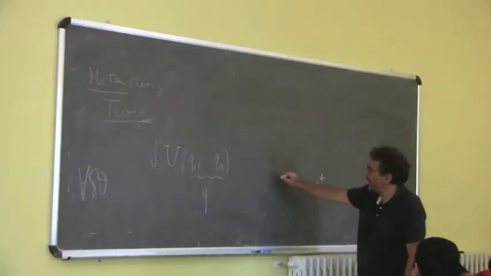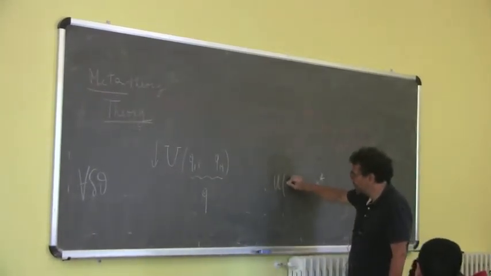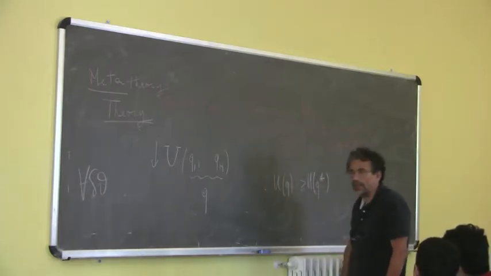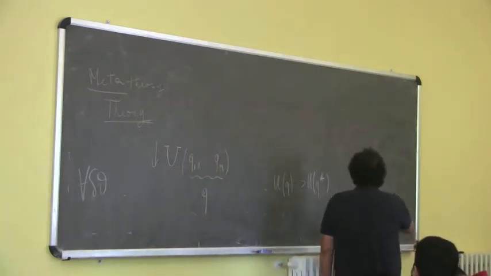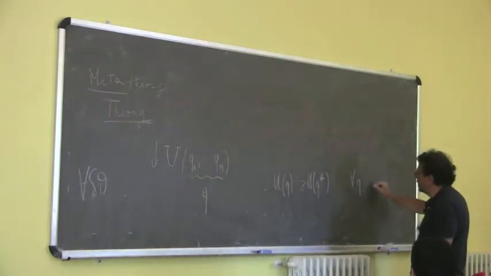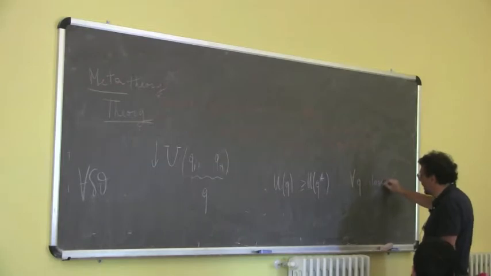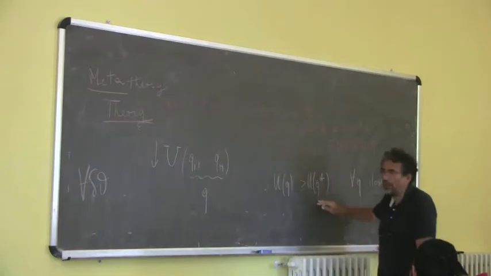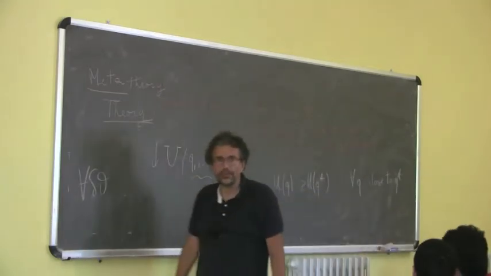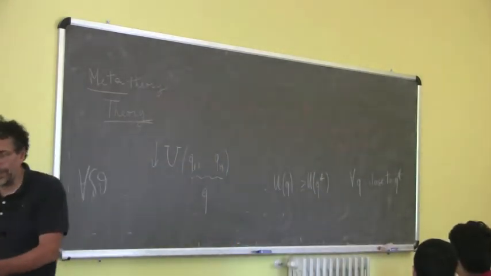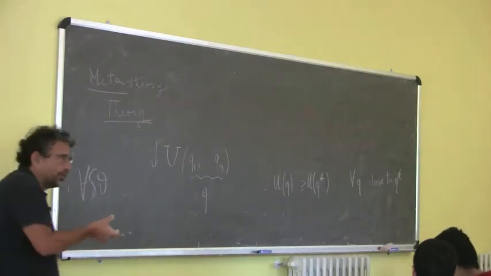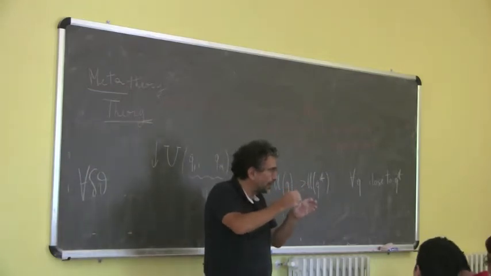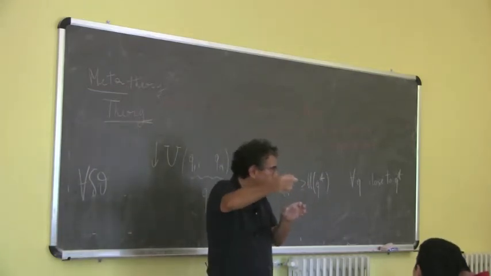So I want to find q star such that for every q close to q star, this inequality is verified. So I have q star, I vary q star a little bit, and I go to q, very close.